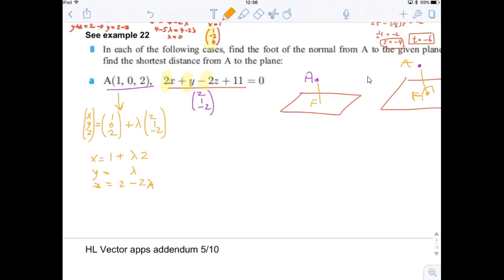And now what you do is you just take these equations and you put them into the red equation. So now we're going to have 1 plus 2 lambda plus lambda minus 2 times 2 minus 2 lambda plus 11 equals 0. Now we just combine like terms, and then we can solve for lambda.